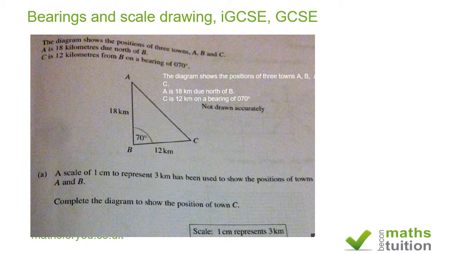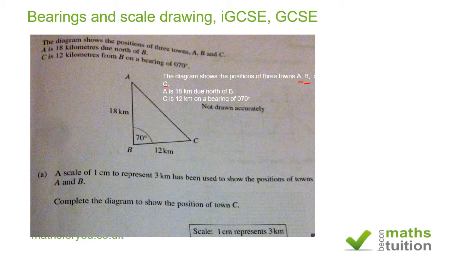It says the diagram shows the positions of three towns, and the towns are A, B, and C. So we've got A, B, and town C there.